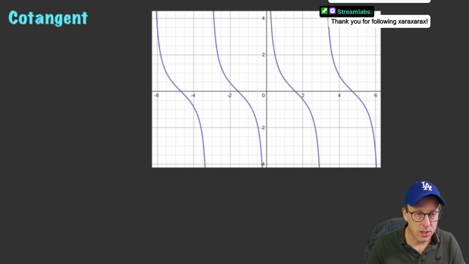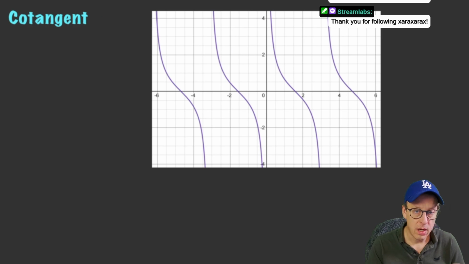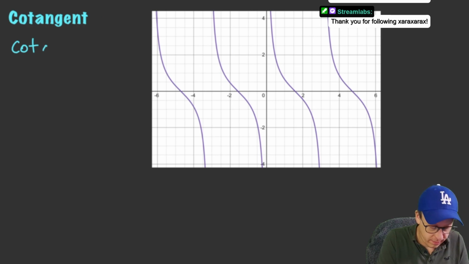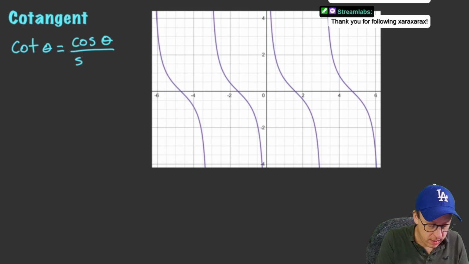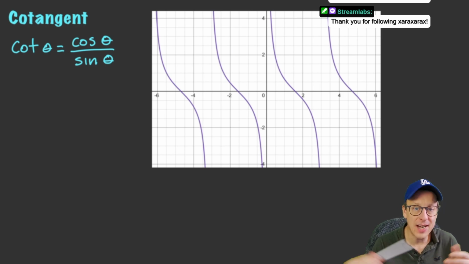Our cotangent is just going to be a reflection of our tangent. And also, on top of that, since the cotangent of some value is going to be equal to the cosine of this divided by the sine, the asymptotes are going to lie where the sine is 0.